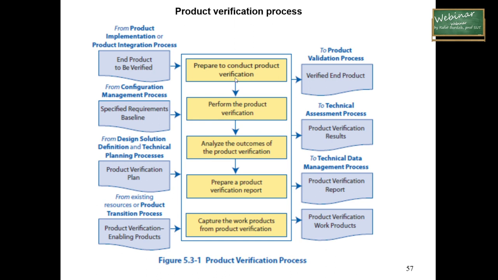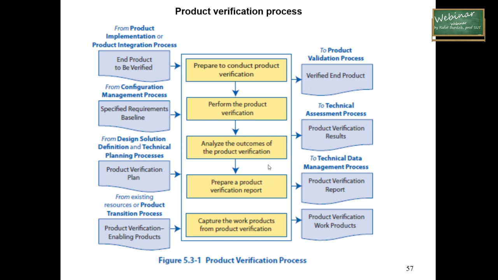So it's the next process. The next step is to perform the product verification. As the input information, I should use the specified requirements baseline already described. The next one is to analyze the outcomes of the product verification, and as the result, I should have the product verification results. It should be useful for the technical assessment process.